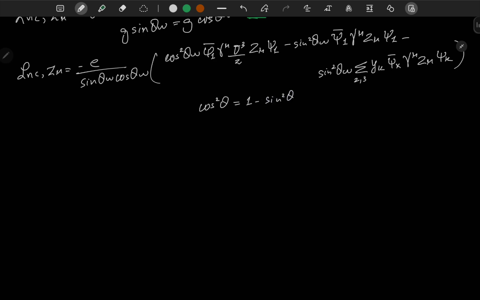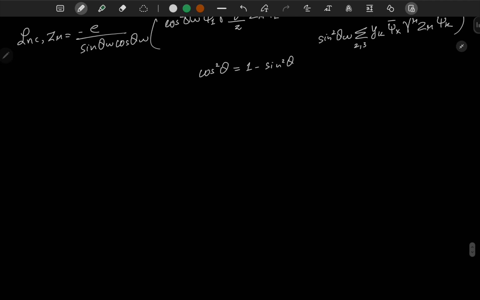So by rewriting this using this trigonometric identity, I'm going to get theta w cosine of theta w, and to take Z mu common, or my professor used to say that taking Z mu in evidence.